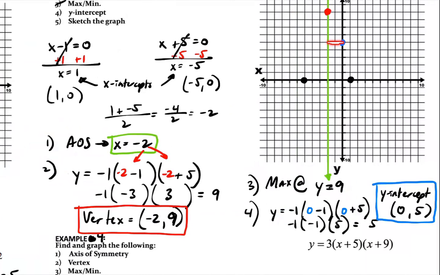It's 2 units away here, so it's going to be 2 units away there. So I make another blue dot right there. And then I sketch. Done.